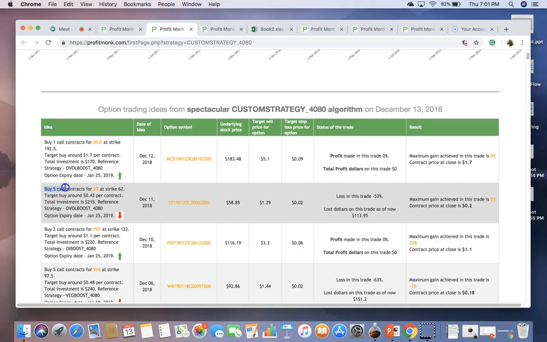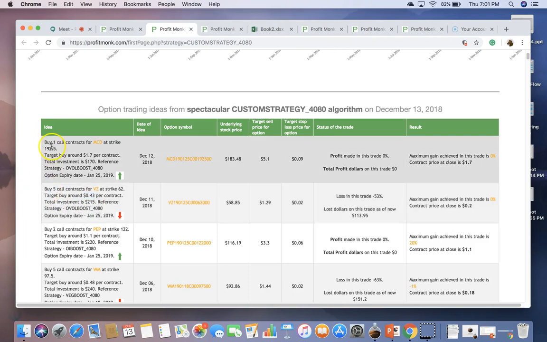For the Verizon trade, you could actually buy 5 such contracts because the contract was cheaper, just 43 cents. So basically, one trade is limited to whatever you see in this cell. It could be one or many contracts, but you will always be limited to the maximum amount of investment that you have set up in your trade settings.